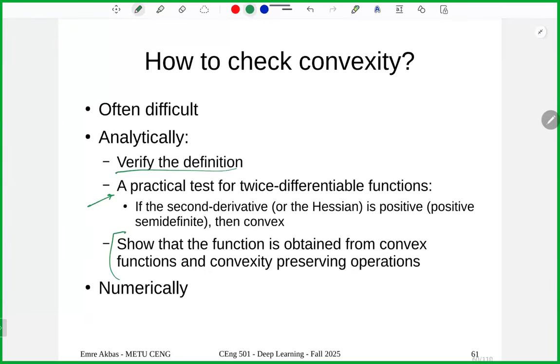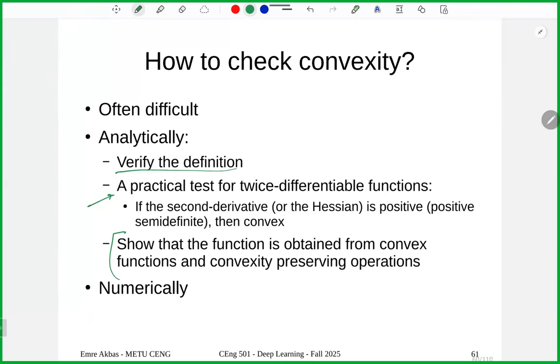Or you can show that the loss function is obtained from convex functions using convexity preserving operations. So this is, again, a mathematical way of testing convexity. And also, you can always numerically choose a finite support and simulate the loss function in that support and see if it has the convexity properties.